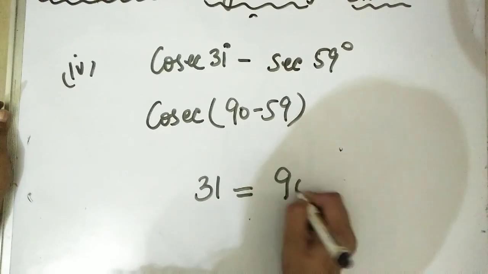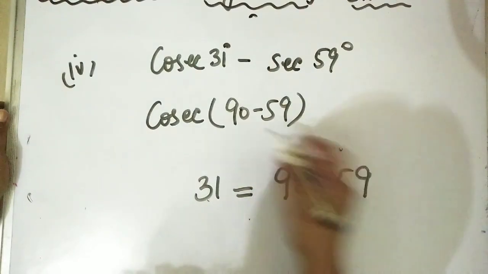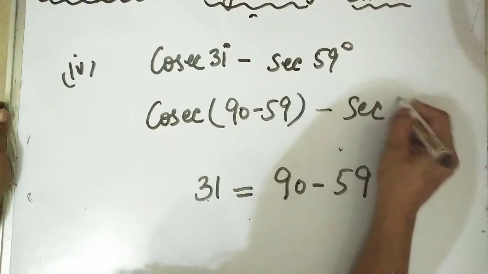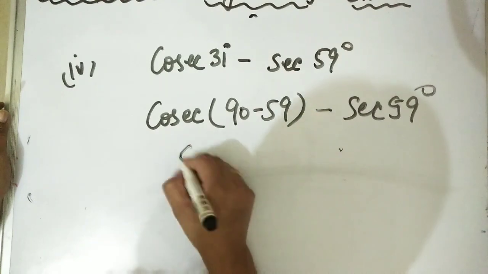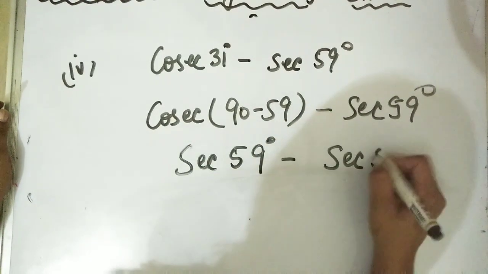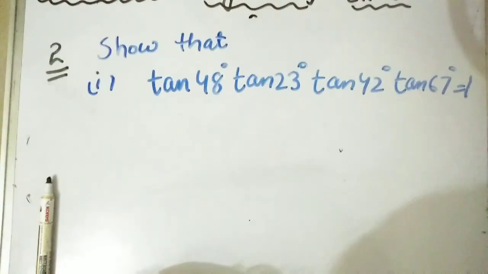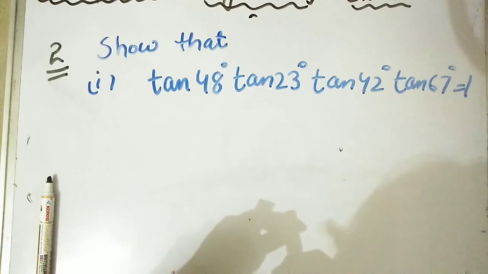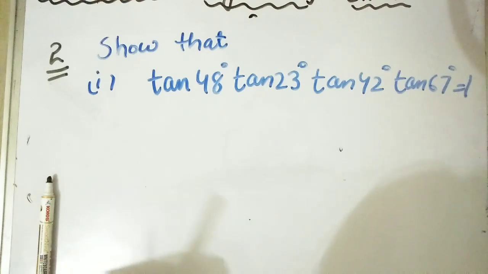I wrote 31 as 90 minus 59, which will be equal to 31. So cosecant 90 minus 59. Now students, what is cosecant 90 minus 59? This is secant 59 minus secant 59. The answer is 0, right? Next question is, show that tan 48 into tan 23 into tan 42 into tan 67.